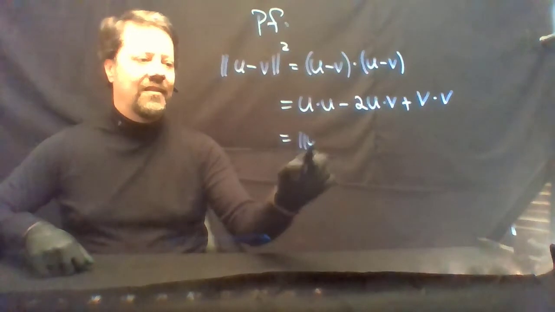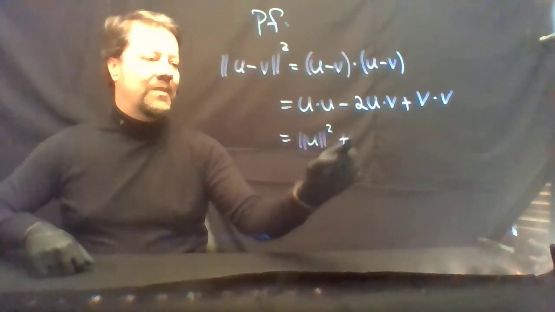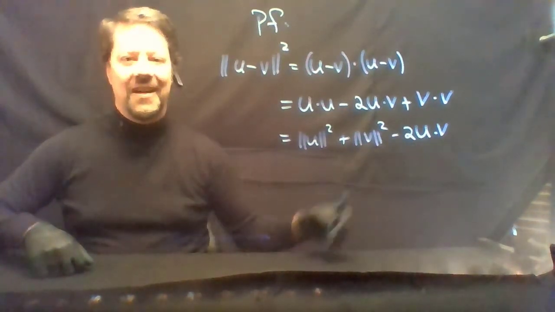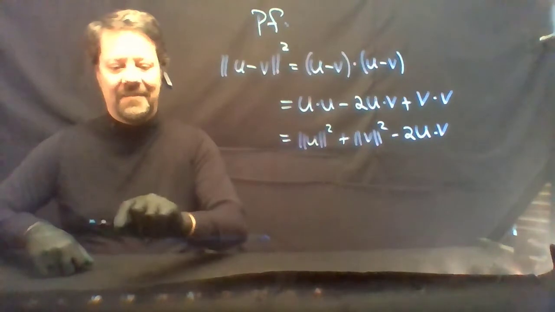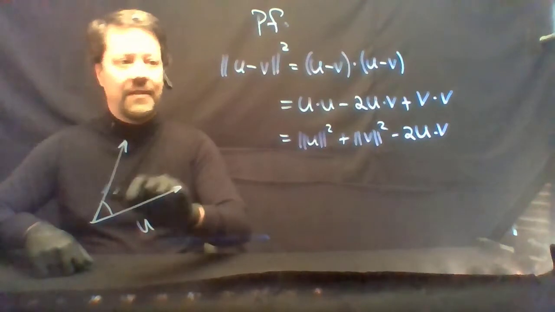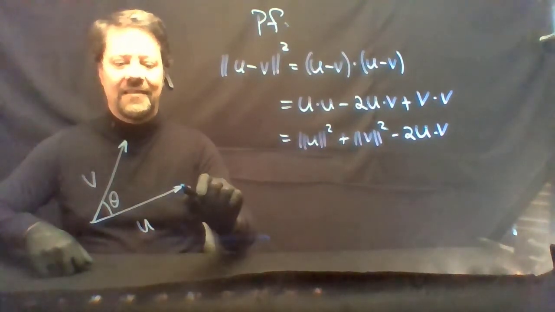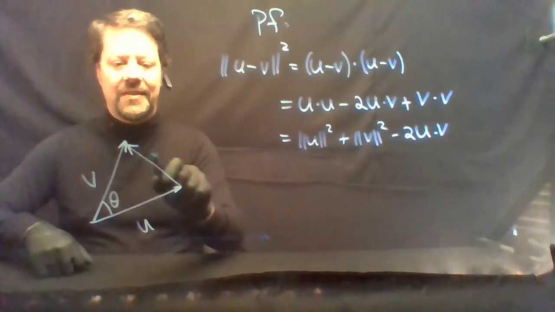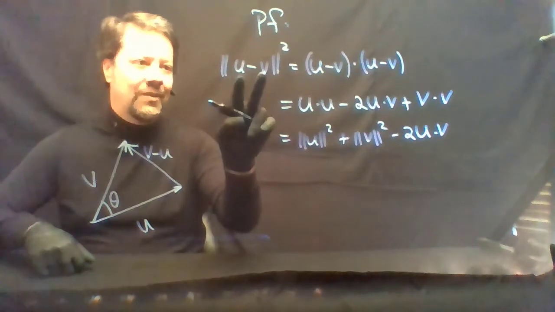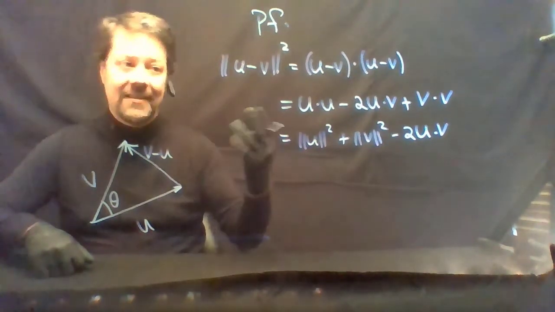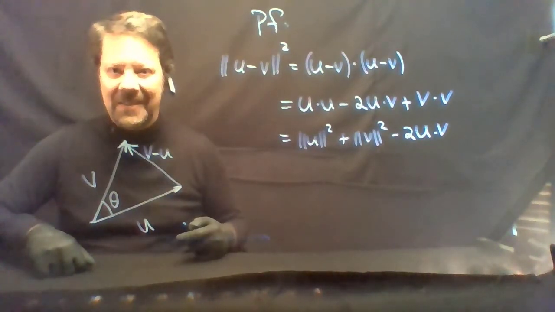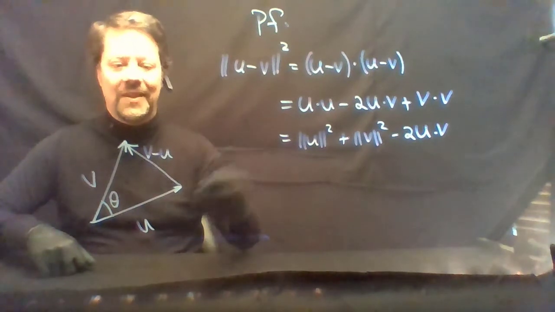That is the norm of u squared plus the norm of v squared minus twice u dot v. Now, suppose this is u, this is v, and this is theta. Let's suppose that this is v minus u. The norm of v minus u and the norm of u minus v are the same. When you reverse the order of subtraction, you get a minus, but a minus inside of the norm goes away because scalars pull out in absolute value. So the absolute value of minus 1 is 1.